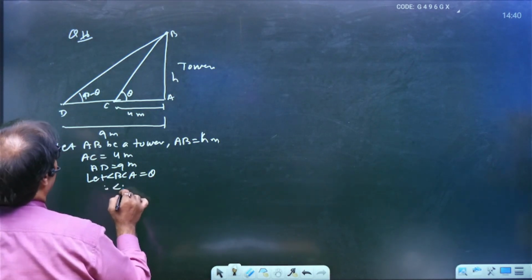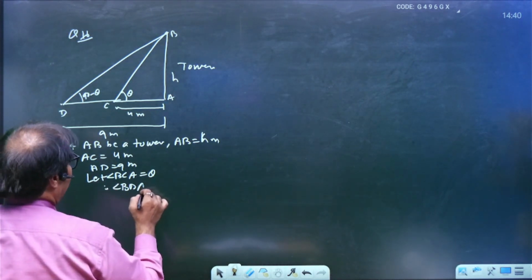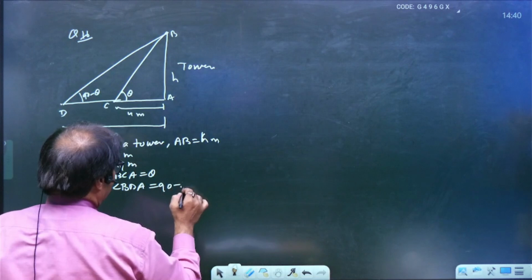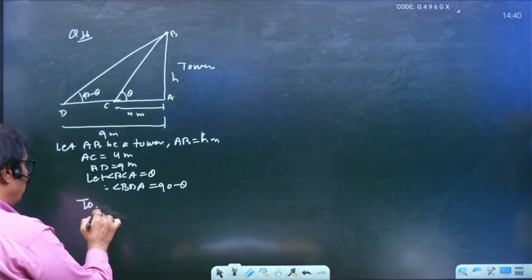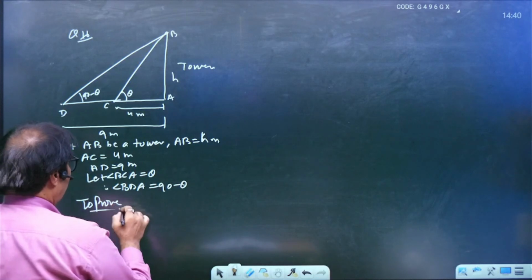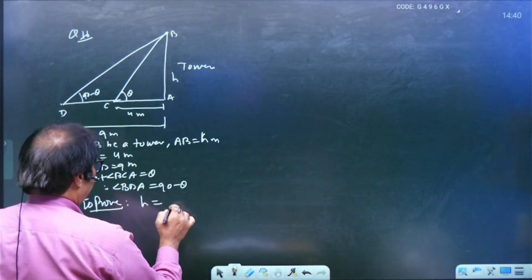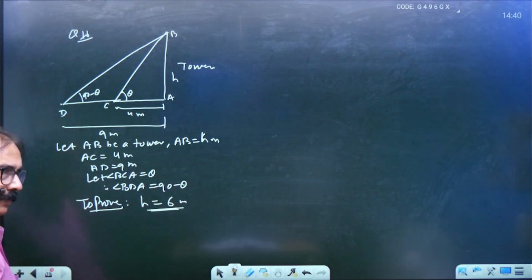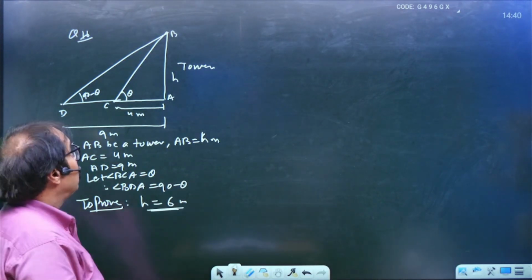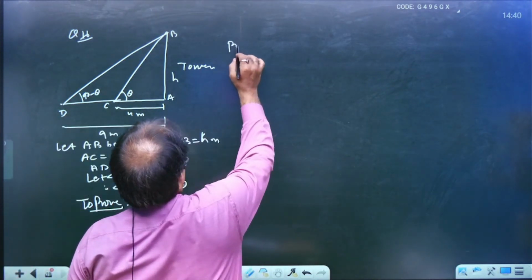So therefore angle BDA is equal to, complementary, 90 minus theta. Then what we have to prove? To prove h is equal to 6 meter. This we have to prove. Okay, so now come to the proof.